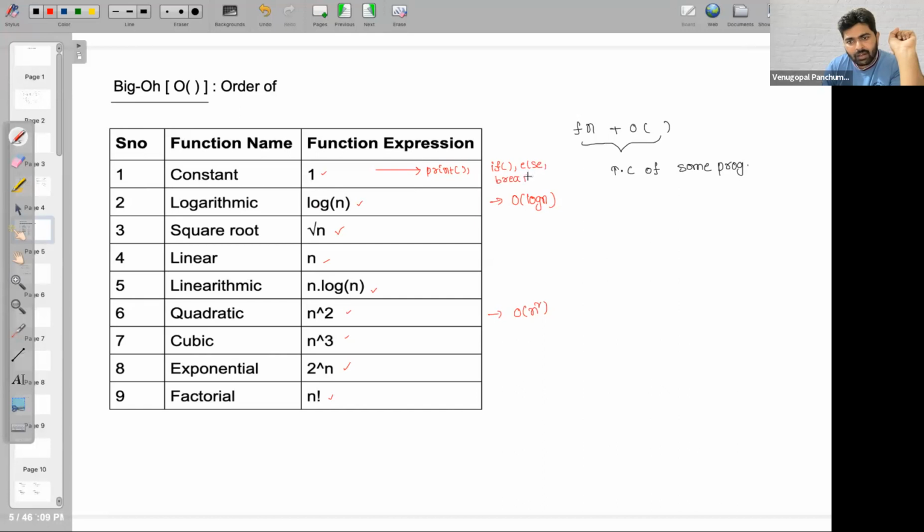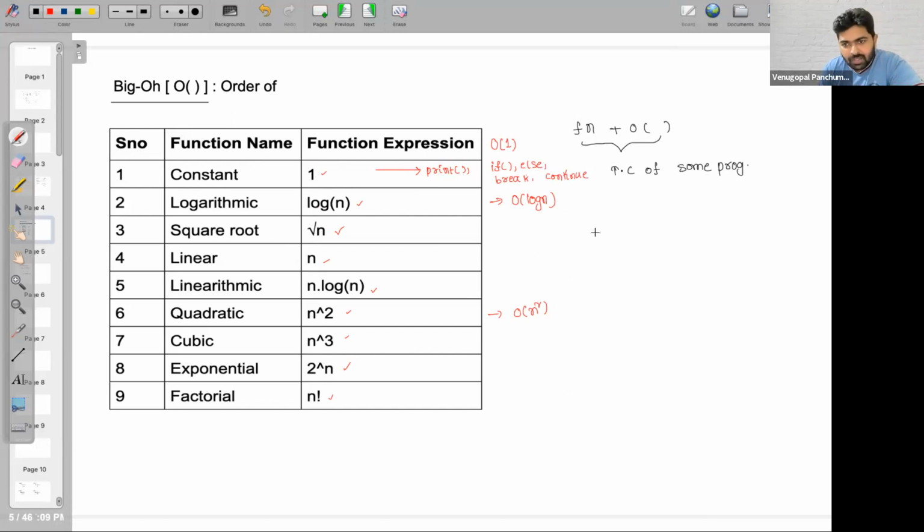All these are constant operations, friends, which take time complexity of order of one. Whenever you see a print statement or something in just one line, it is going to take order of one. Not inbuilt functions, please take care. Inbuilt functions are also in a single line, but their time complexity is not order of one.